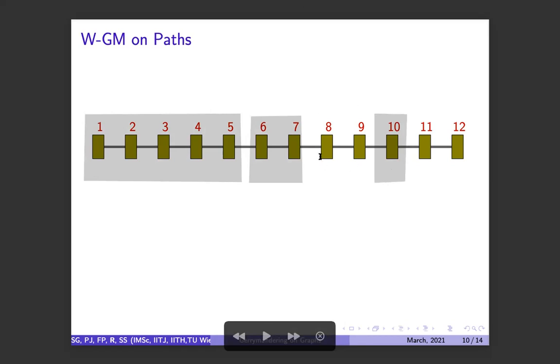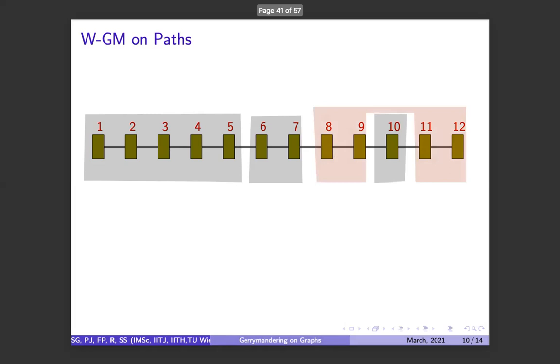So these vertices must also go into some district. Every voter has to be part of some district. So is this a correct districting? No, because each district must be connected, right? A feasible districting here could be this.